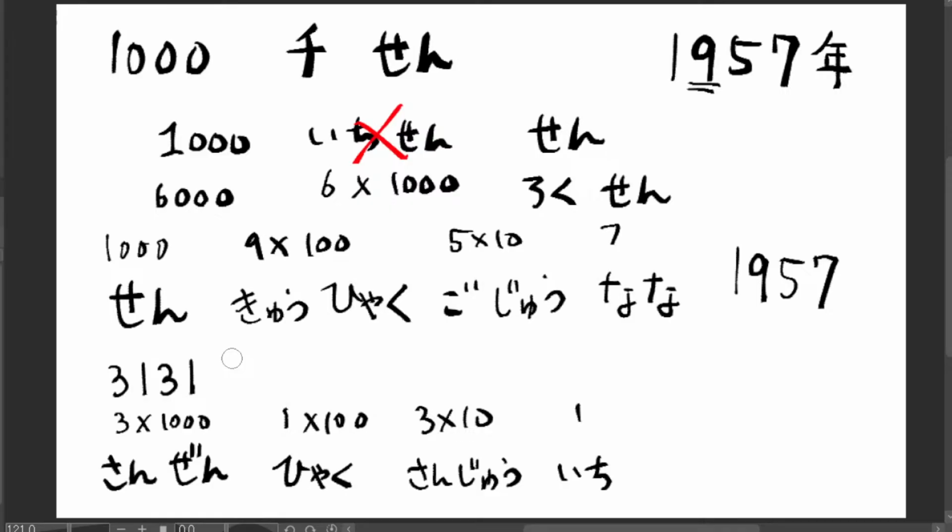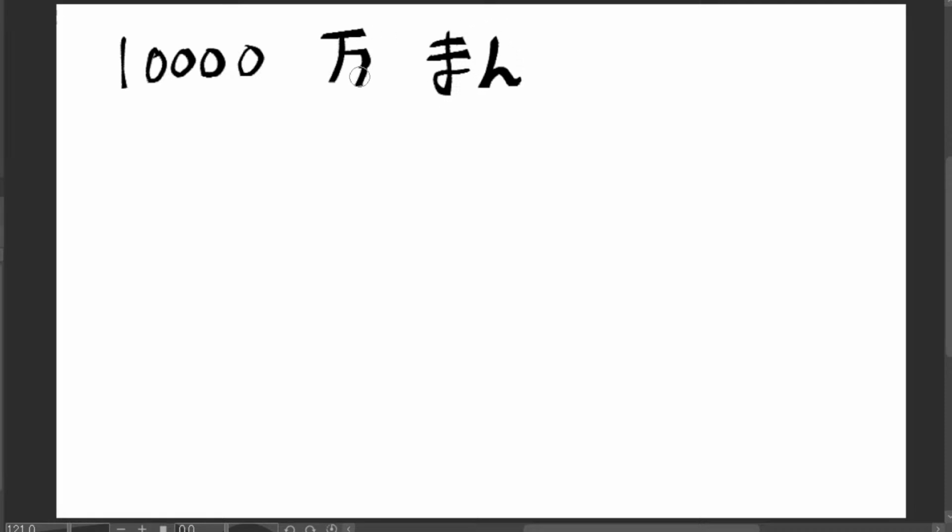Okay, I only have 5 minutes left. The last one, let's go to 10,000. The kanji is like this, and the reading is man. I explained that for hyaku and sen, you don't say ichi hyaku and ichi sen, you just say hyaku and sen.